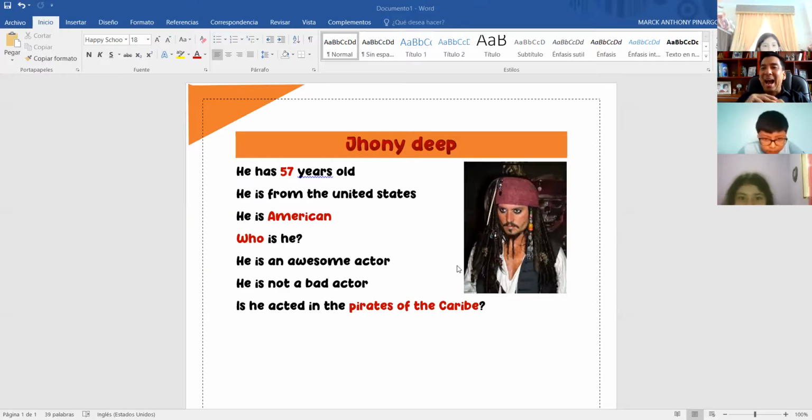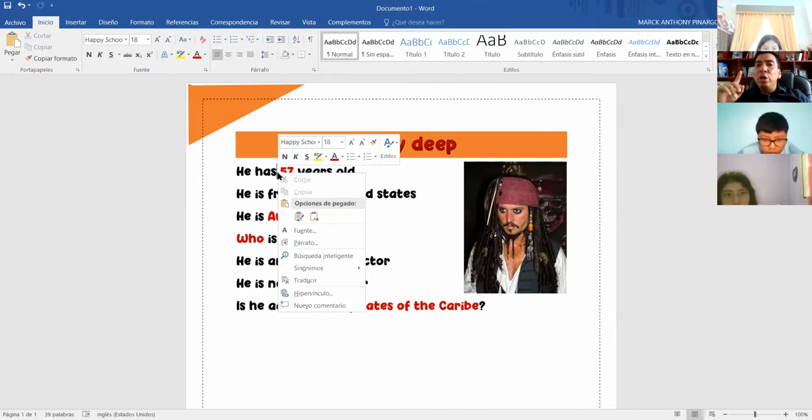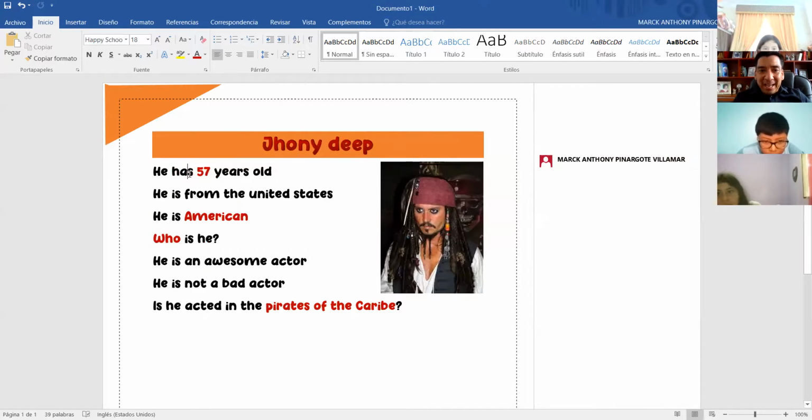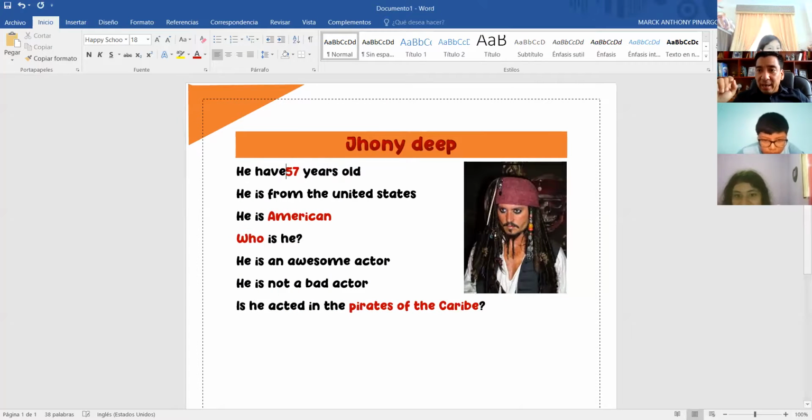All right. Ahí vamos a hacer la primera corrección. Maya, be careful with this. It is a common mistake, but we're going to correct it now. Es un error común, chicos, pero lo corregimos hoy. When you refer to the age, when we refer to the age, Maya, cada vez que nos refiramos a la edad de alguien, we don't use the verb have.